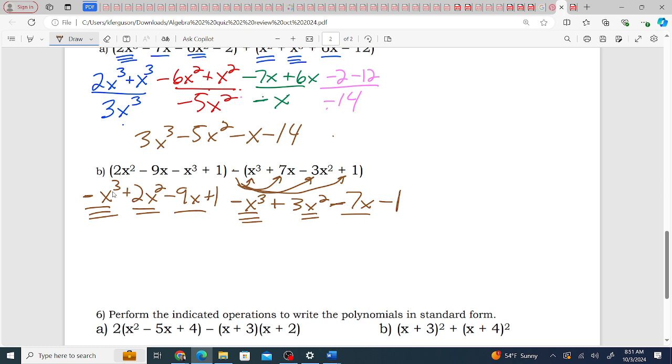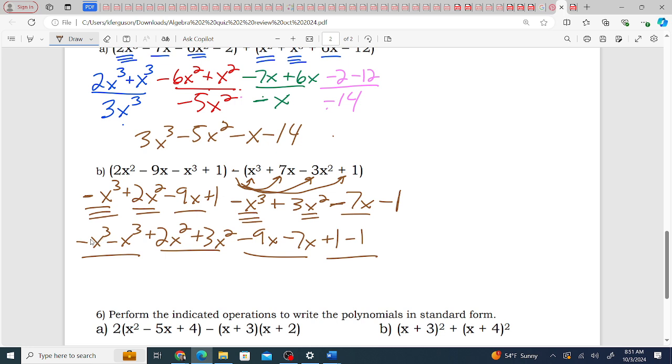I've got a negative x to the third and a negative x to the third. Then I've got a positive 2x squared, and I've got a positive 3x squared. I've got a negative 9x and a negative 7x, and then I've got a positive 1 and a negative 1.